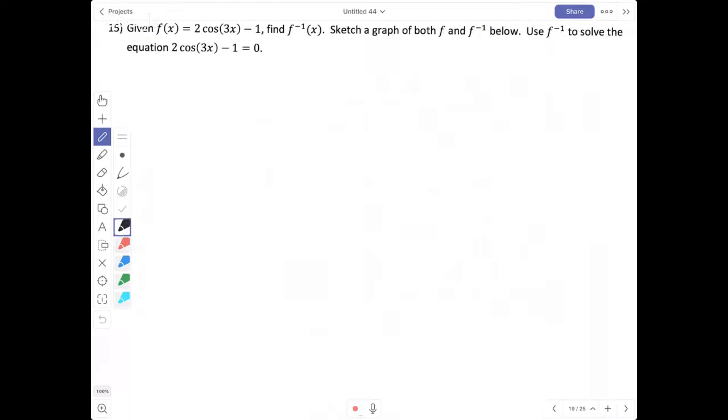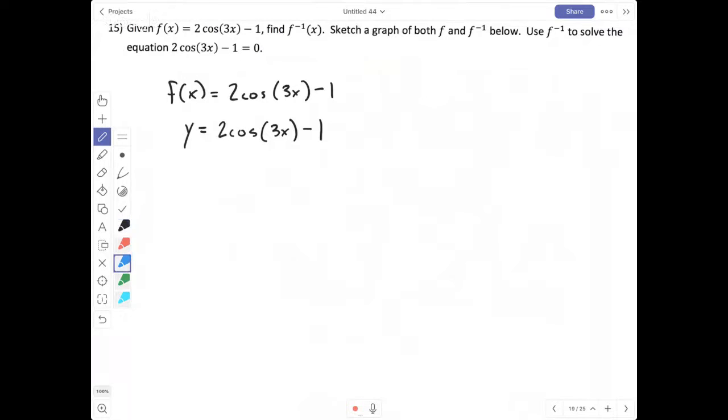Okay, so given f of x equal to 2 cosine of 3x minus 1, find f inverse of x. In order to find f inverse, I'm going to say y would equal 2 cosine of 3x minus 1.